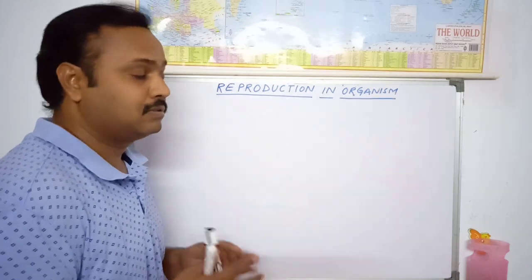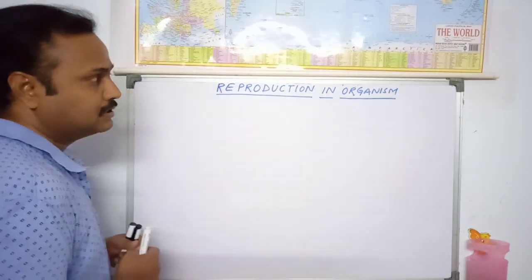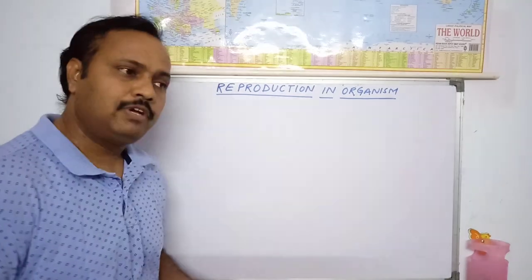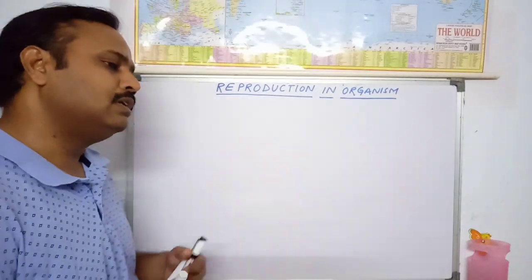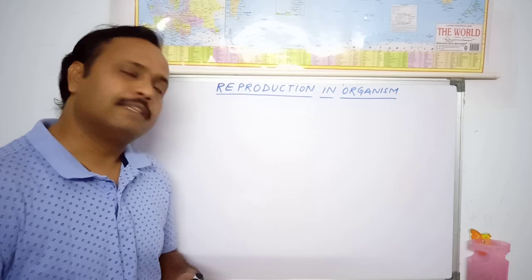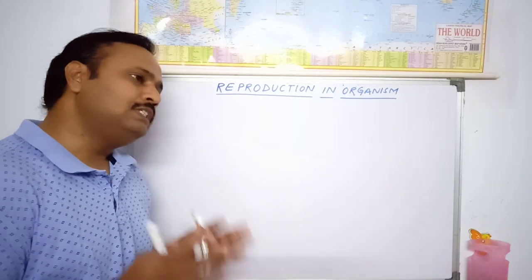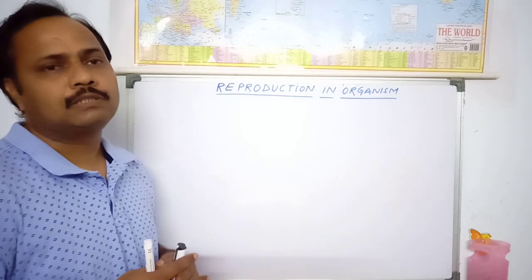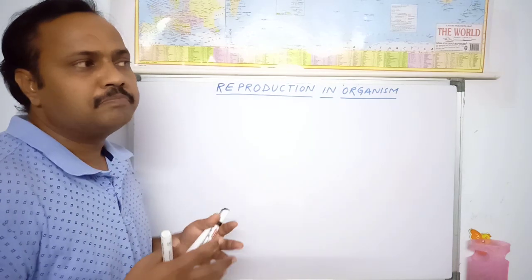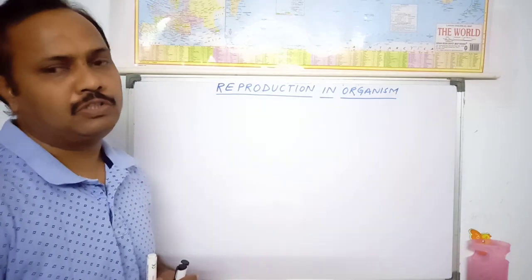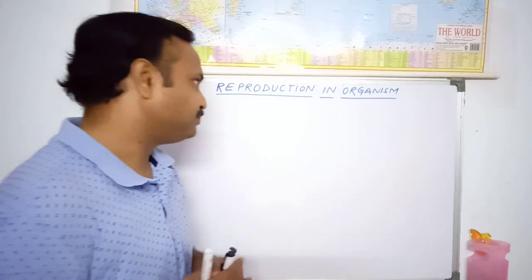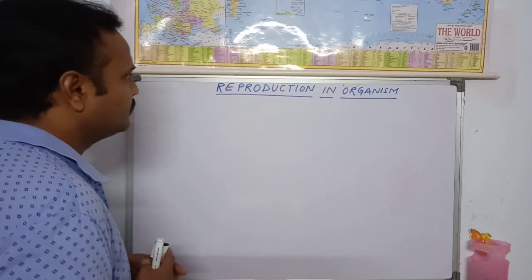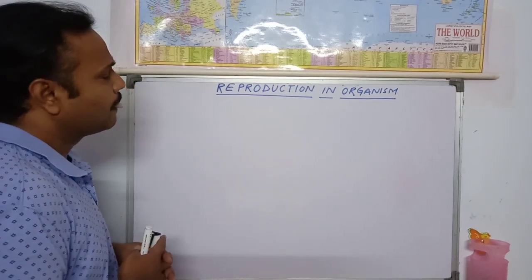But the basic difference between reproduction and growth in living organisms is that these two properties are done by internal metabolic changes, not by external ones. So, let us not go deep into these topics.